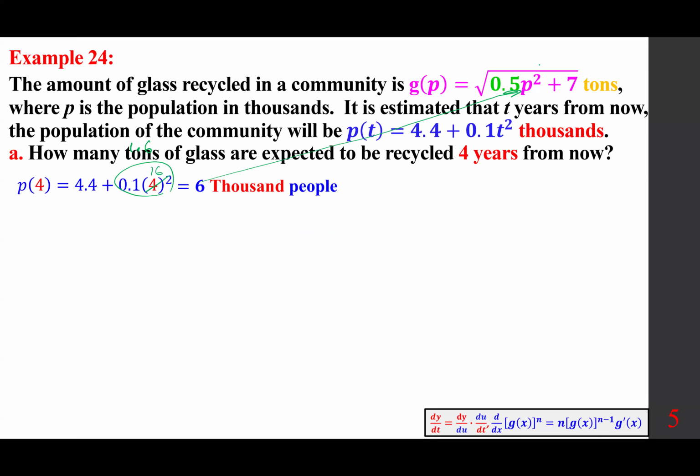Replace it here to find the amount of glass. 6 squared, 36. Half of it is 18. Plus 7 is 25. Take a root and you get 5 tons of glass. So this is elementary algebra.